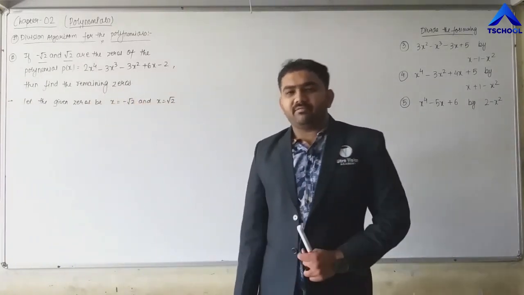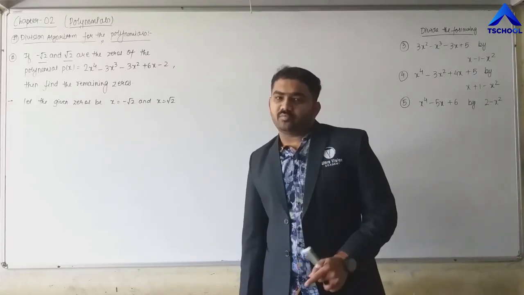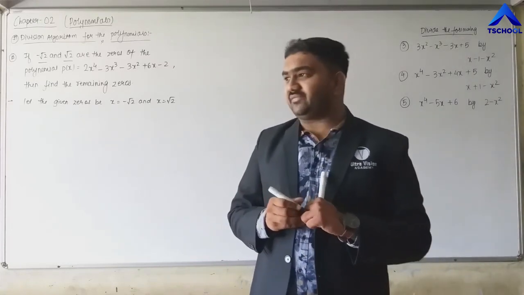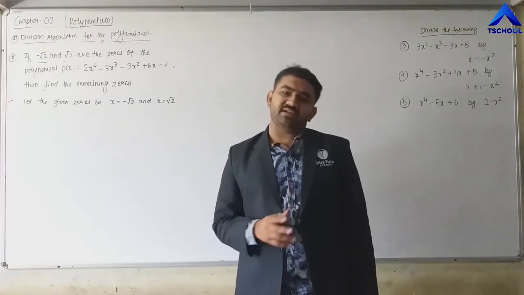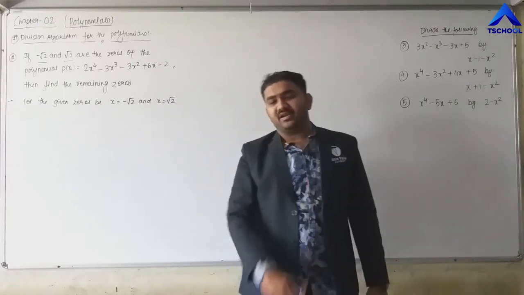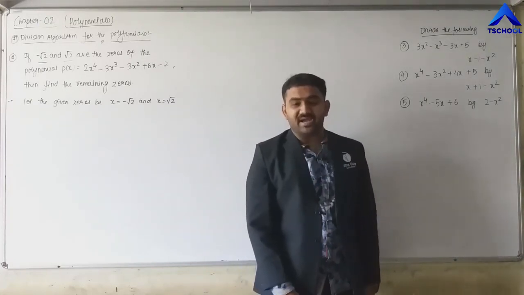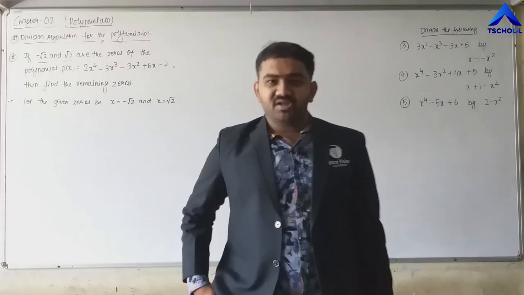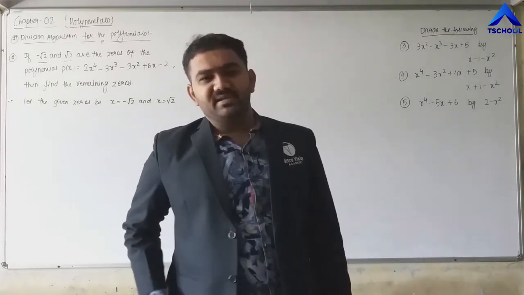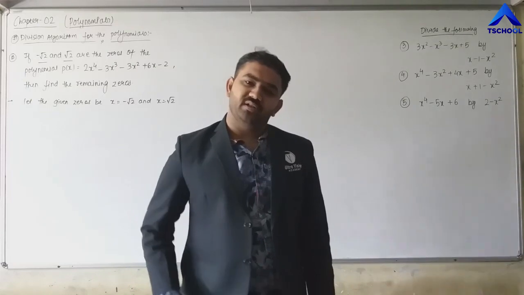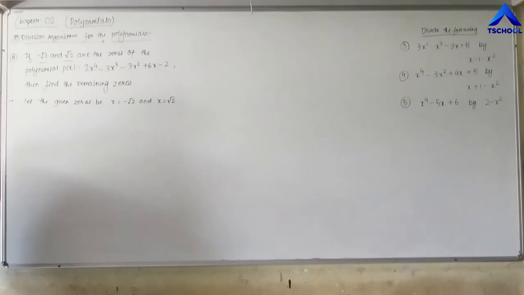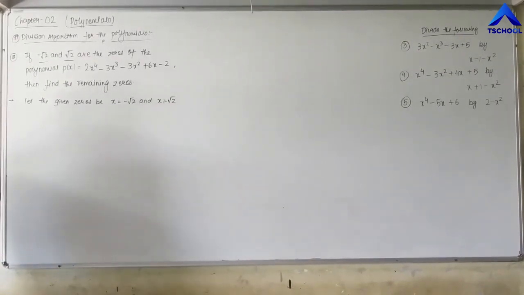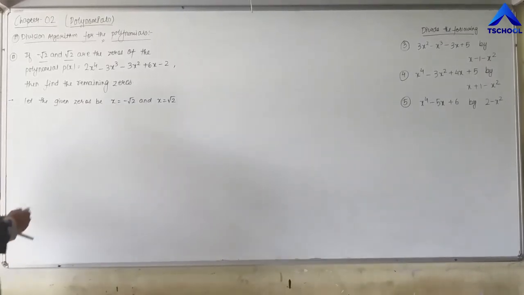Because the polynomial given here is in variable x, and as we discussed earlier, the value of the zero is the value of x at which the value of the polynomial is 0. That is the definition of the zero of a polynomial. So we take x equals minus root 2 and root 2, because these are the given zeros. Is it clear, everyone?